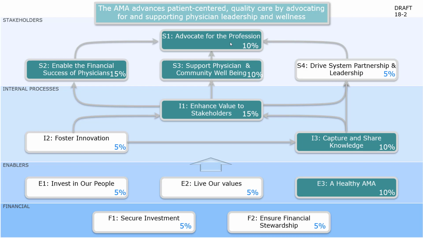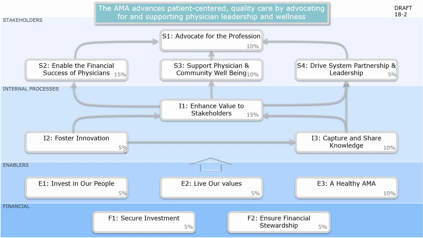Now, again, I made up these weightings. Yours is going to be different, and they don't have to round off to 5. So you could have a 1 or a 20 or whatever you want. Just illustrative.